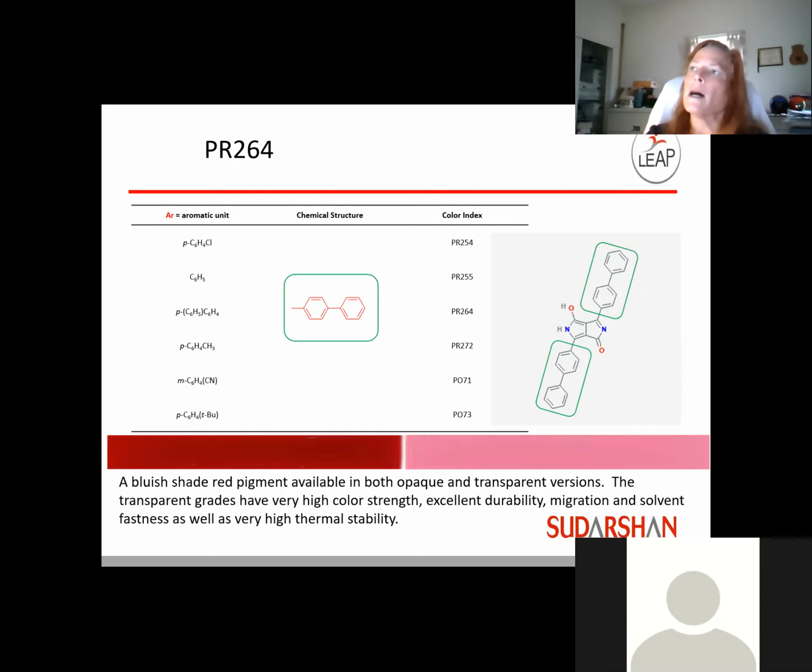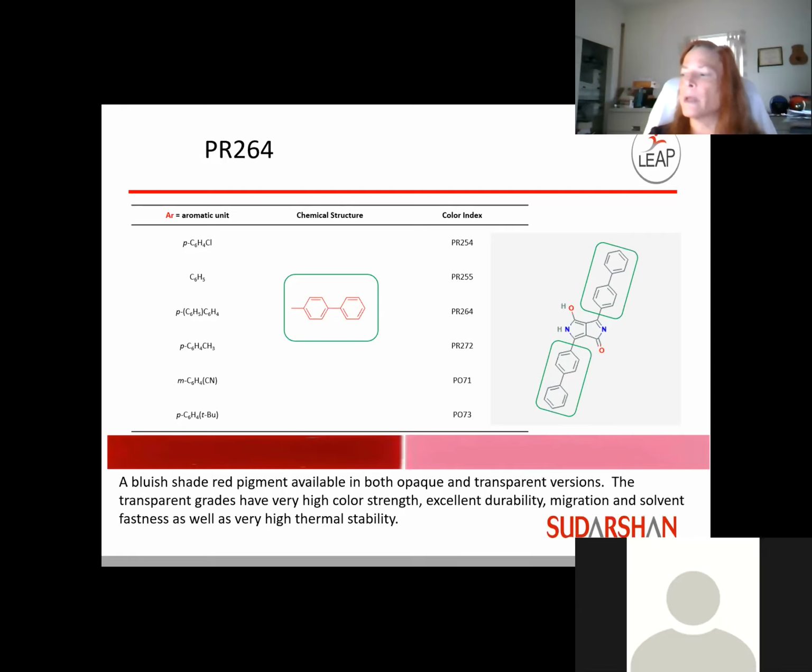And the other more prominent DPP chemistry is the pigment red 264. It has a double ring as its aromatic unit that's attached to the ring. And as I stated before, this is a bluish shade red pigment.